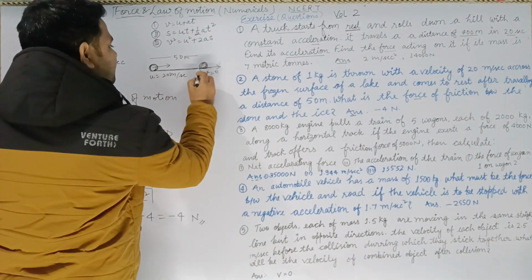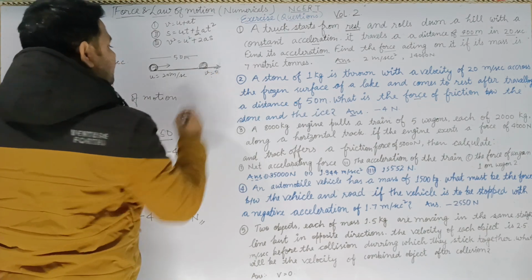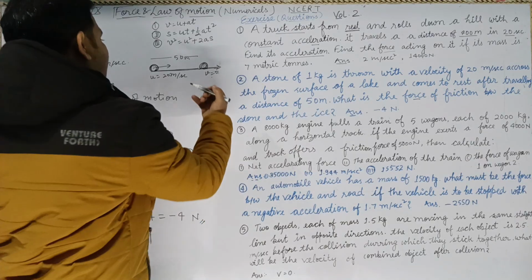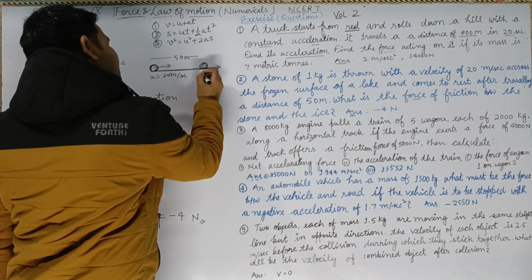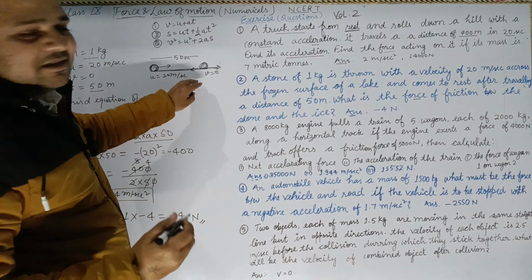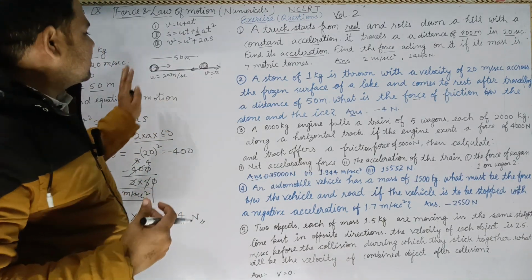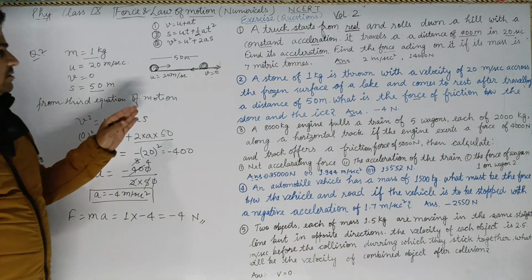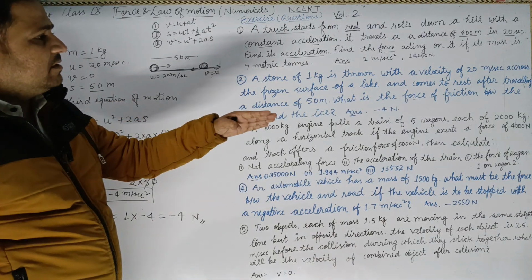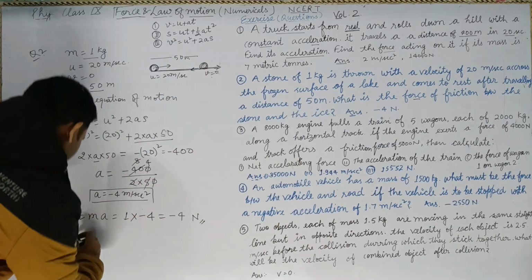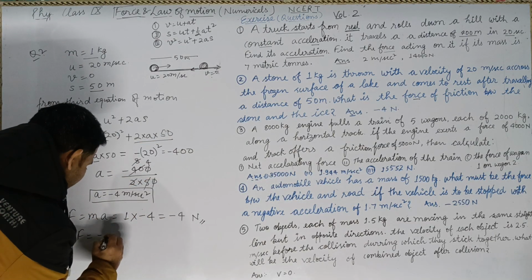When we throw the stone in this direction, the force of friction acts on the stone in the backward direction, so it will be minus 4 Newton. F equals minus 4 Newton.